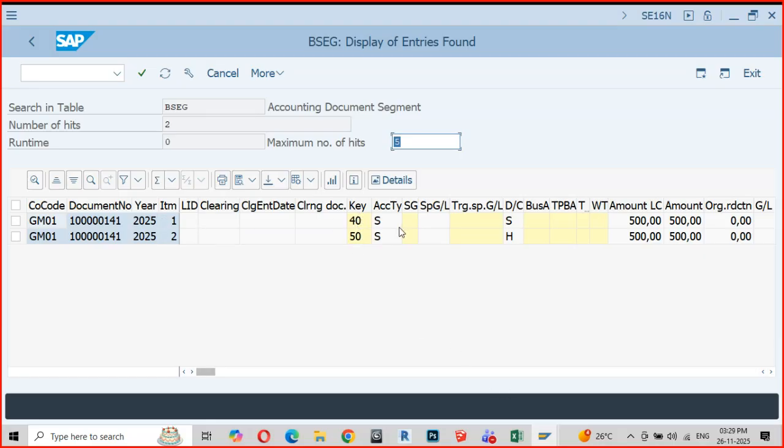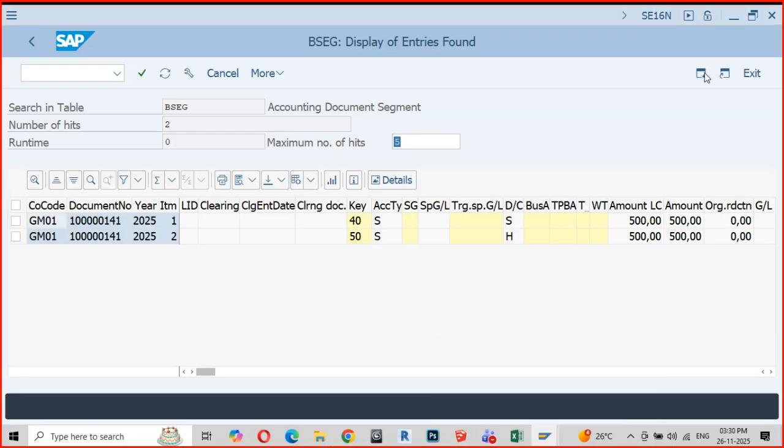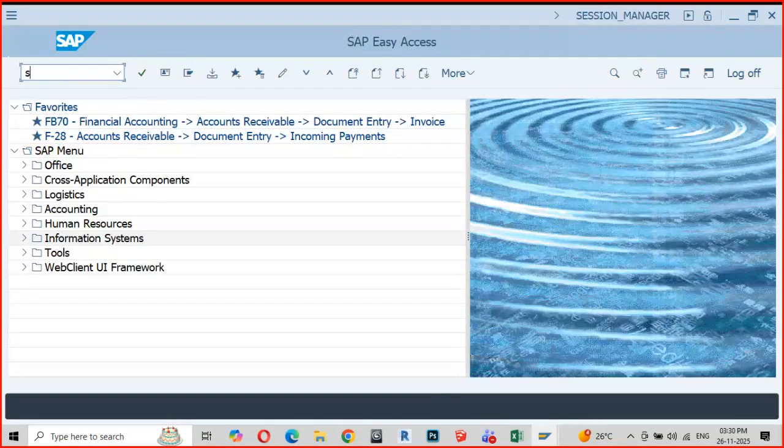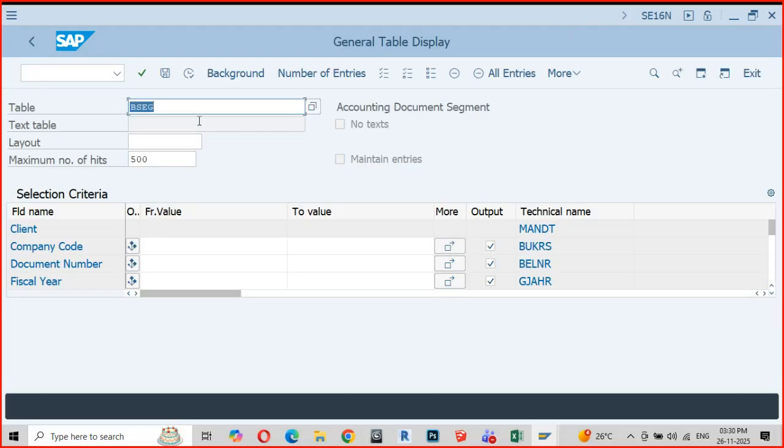Since this is a line item table, it contains two entries, whereas the header table contains only one entry. Did you observe that? I'll open the other session and take you to BKPF.